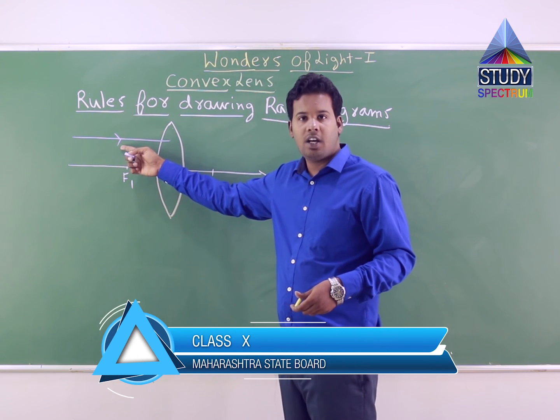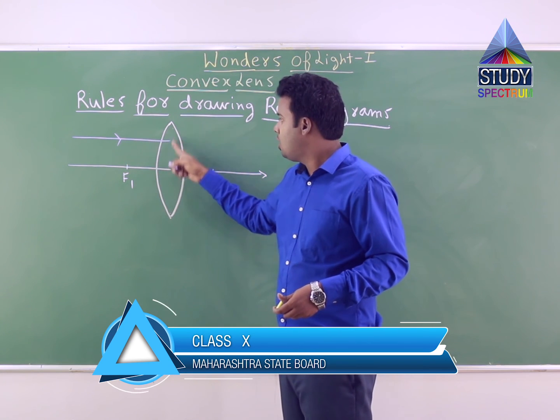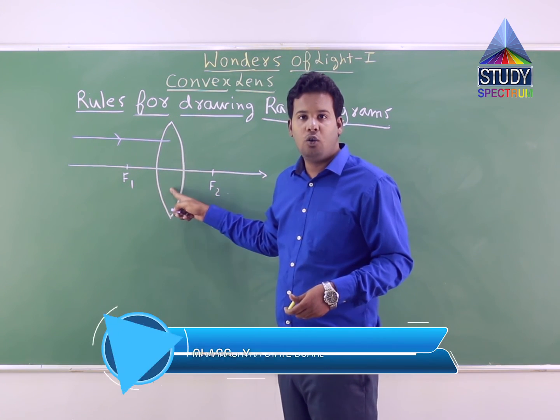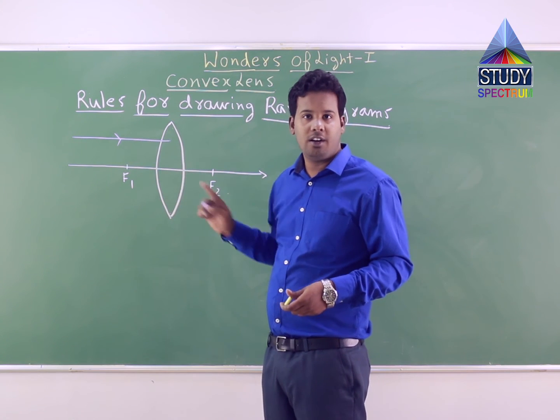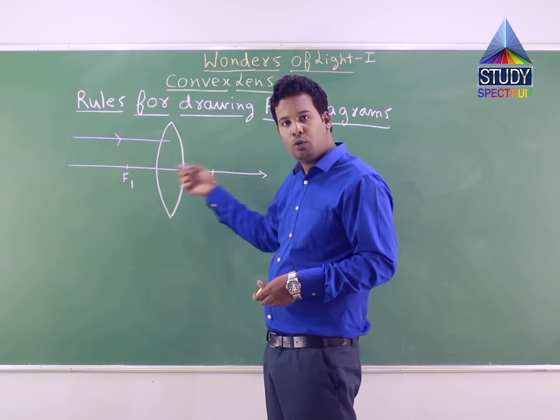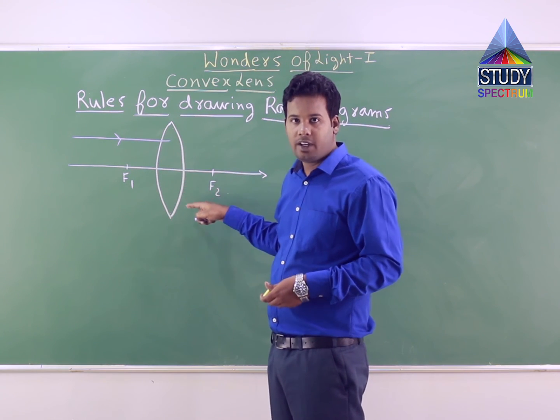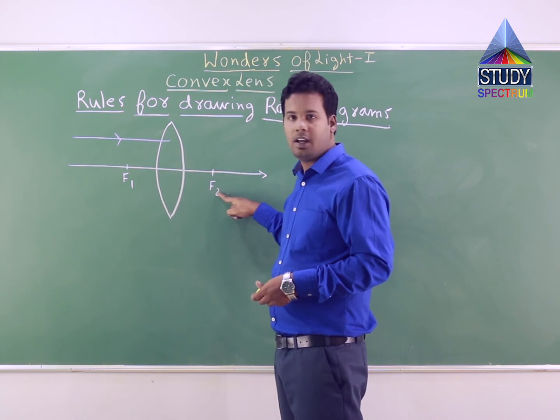This blue line which I have drawn here is your incident ray. It hits this convex lens and it is going to be refracted, not reflected. It is going to pass through this lens, but it will bend. And since it is a convex lens, it will bend towards f2.